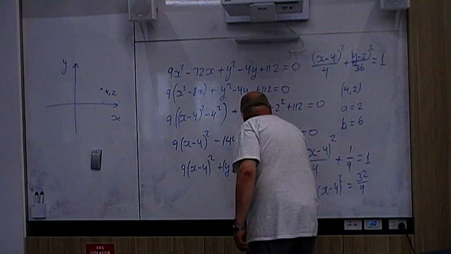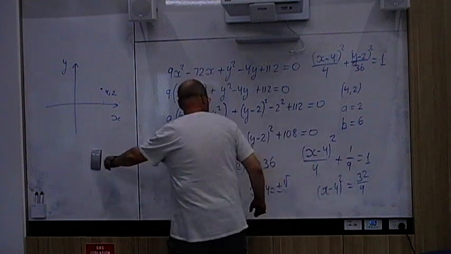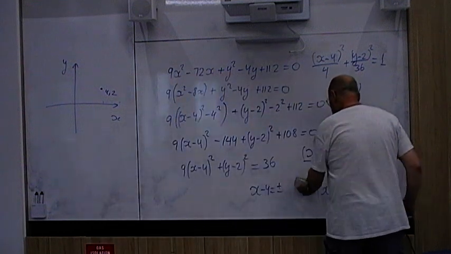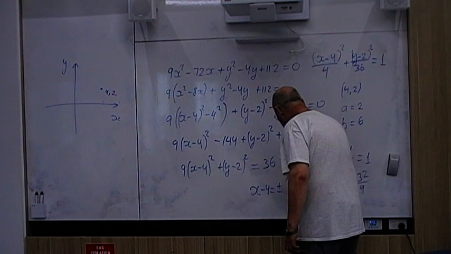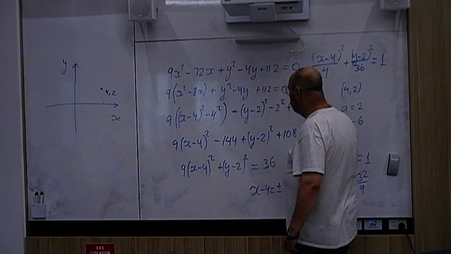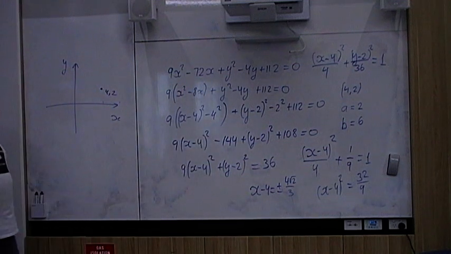We have x minus 4 equals plus or minus root of 32 over 3, which simplifies to plus or minus 4 root 2 divided by 3, which is approximately, root 2 is 1.4, so 5.6 divided by 3 will be around 1.9.